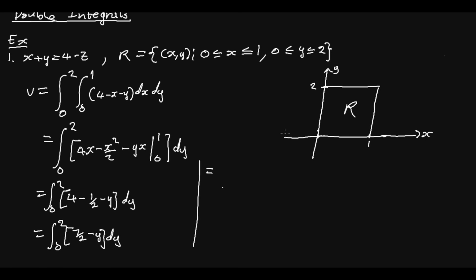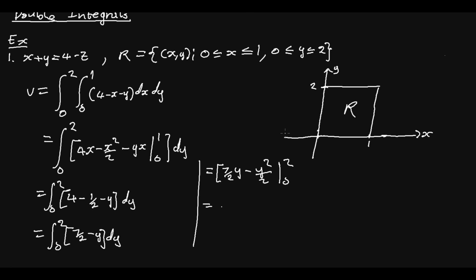So now we have to integrate with respect to y. So this we can see 7 over 2 minus, therefore y squared over 2, the limits. Then we apply our limits here.